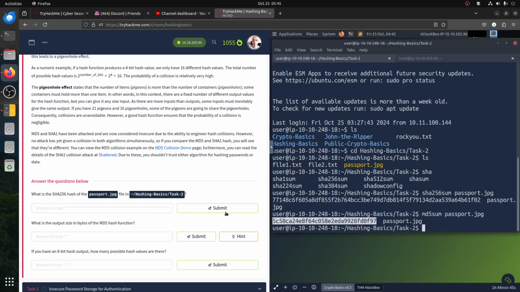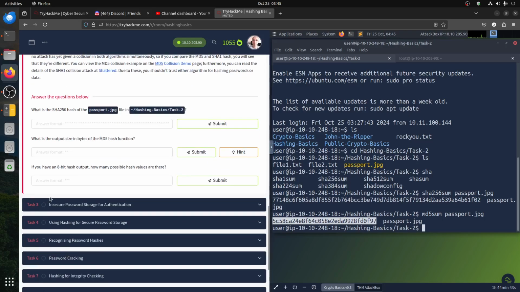That's why, for example, in this question we say what is the output size in bytes of MD5. So it's 128 divided by 8, which gives 16 bytes.